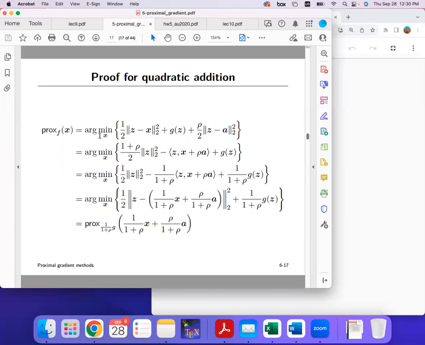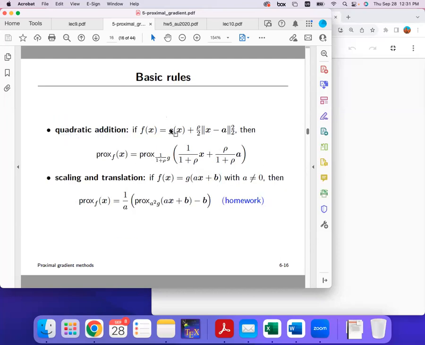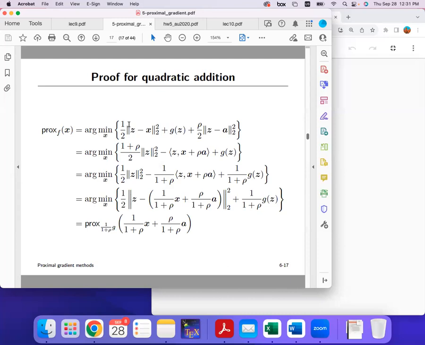We just write down the proximal mapping of f. In this case, f equals g(x) plus this quadratic term. So by definition, the proximal mapping is the minimizer of this optimization problem: a quadratic term plus f(z).